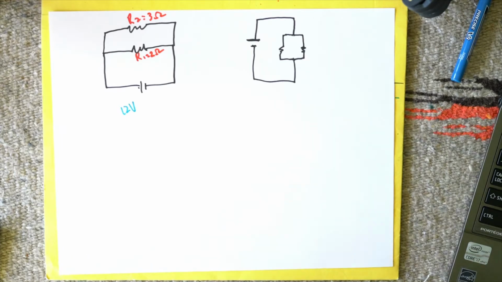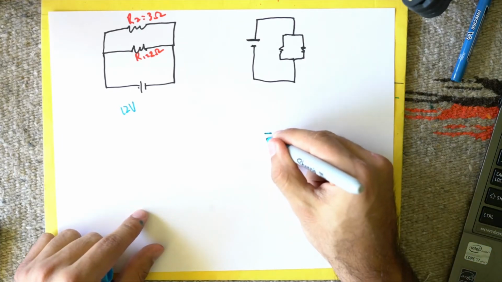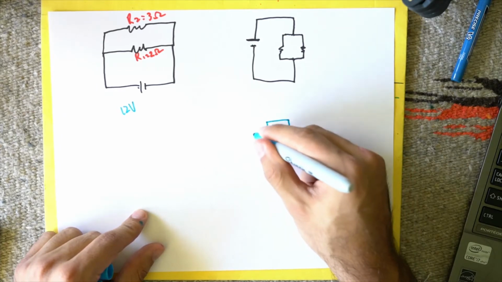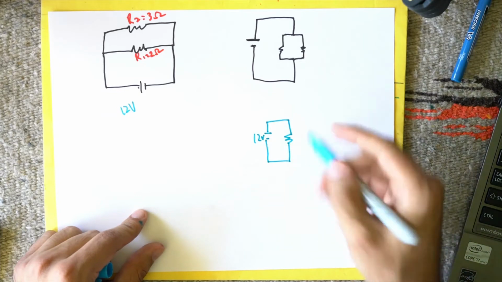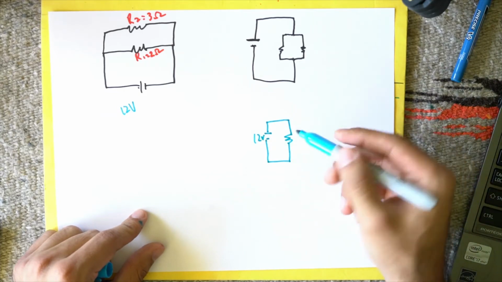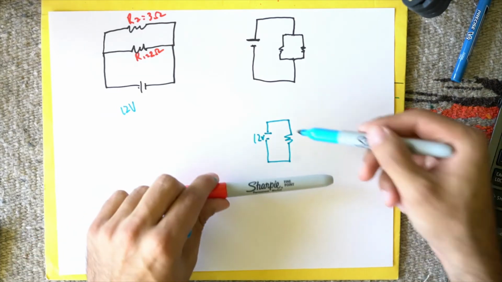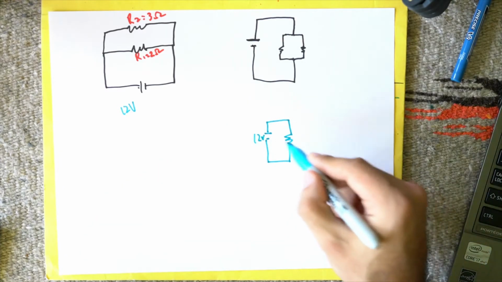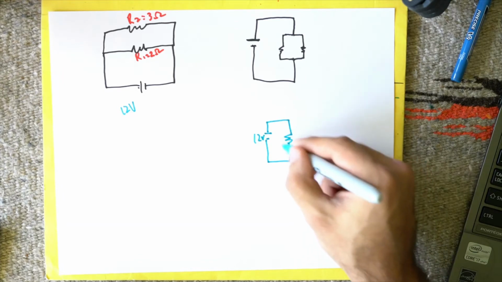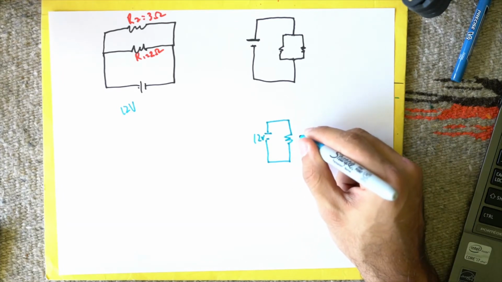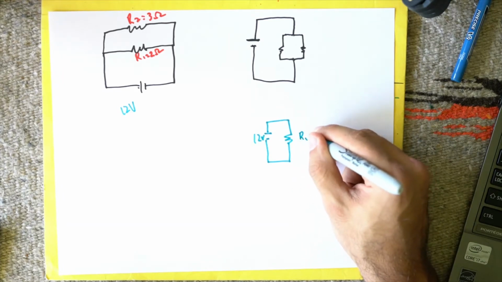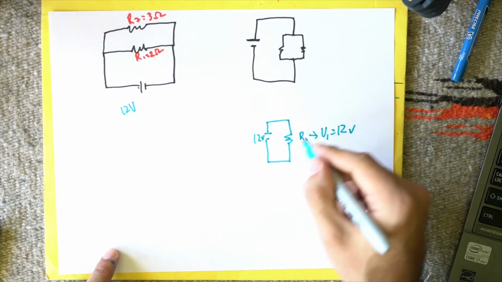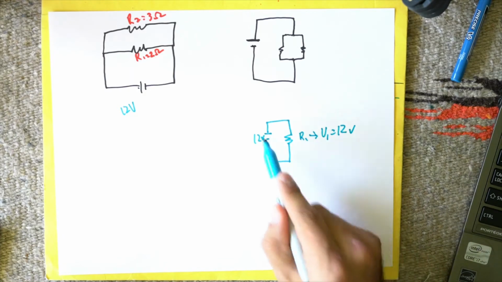However, when you only had one direction, let's only have one resistor. If this was 12 volts, hopefully you can understand the difference in potential between the beginning and the end of this resistor, so the potential drop through this resistor. If there's only one resistor, then the potential drop of this resistor, R1, would lead to V1 equaling 12 volts, because if there's only one, then the voltage here is going to equal the voltage here.